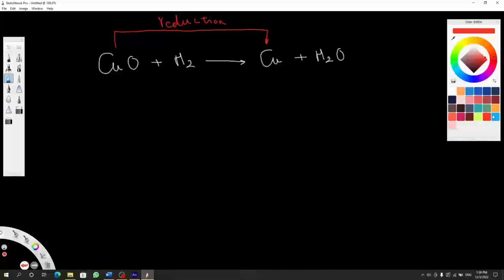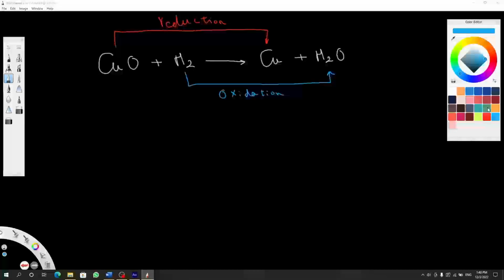Now, if we look at hydrogen, it gained oxygen, and gaining of oxygen is called oxidation. So again, loss of oxygen or gaining of hydrogen is reduction. Gaining of oxygen or loss of hydrogen is oxidation, right?